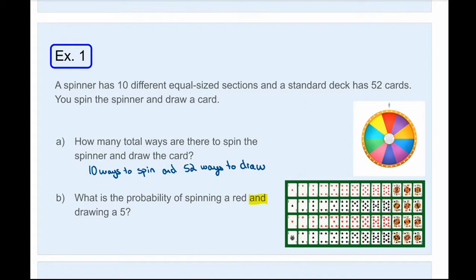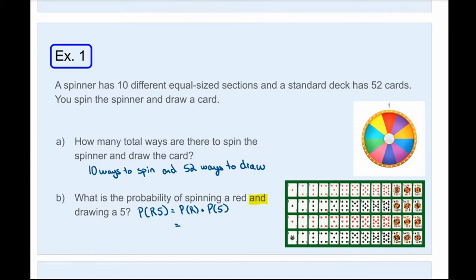In this case, no. Spinning the spinner does not affect the card that I would draw. It's 2 separate events. So the probability of spinning a red and drawing a 5 is going to equal the probability of spinning a red times the probability of drawing a 5.